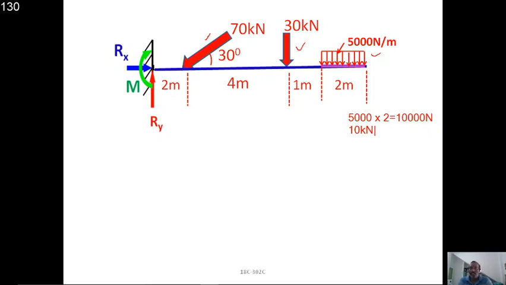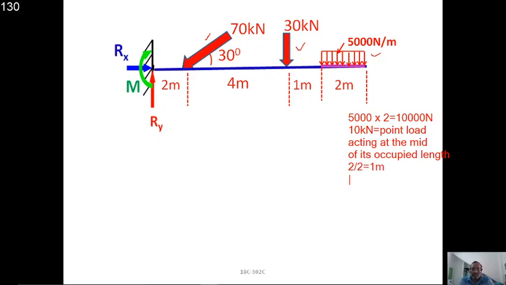This UDL has now been converted into an equivalent point load, acting at the mid of its occupied length. What is its occupied length? 2 meters. Therefore its mid is 2 by 2, that is 1 meter.